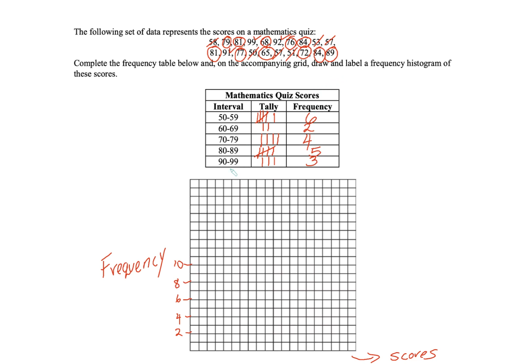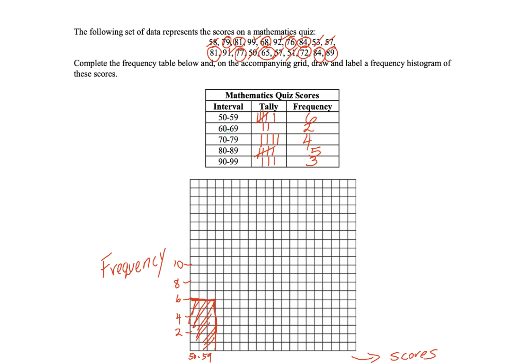Now our first interval is 50 to 59, and that has a frequency of 6. So I'm going to draw my bar. I'm going to use 3. I think that should be enough. And I'm going to come down here and shade it. So this is 50 to 59.